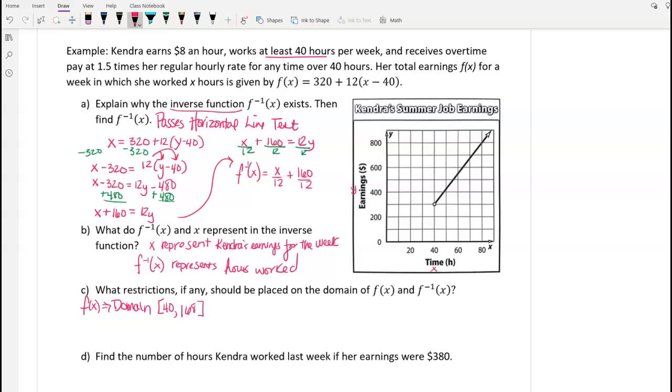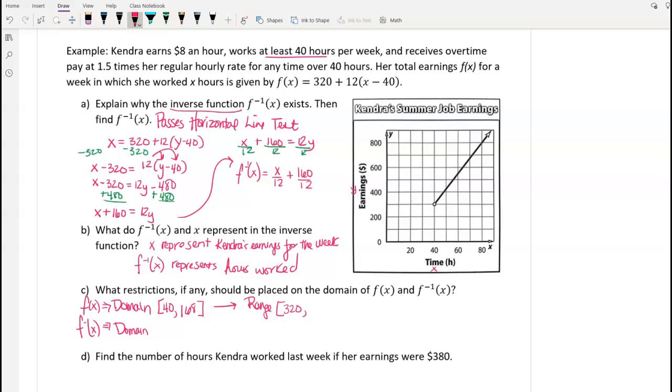So let's take a look at our f inverse domain. But to do that, we have to find the range of f of x first. If I were to work 40 hours, the minimum Kendra could earn would be a total of $320.